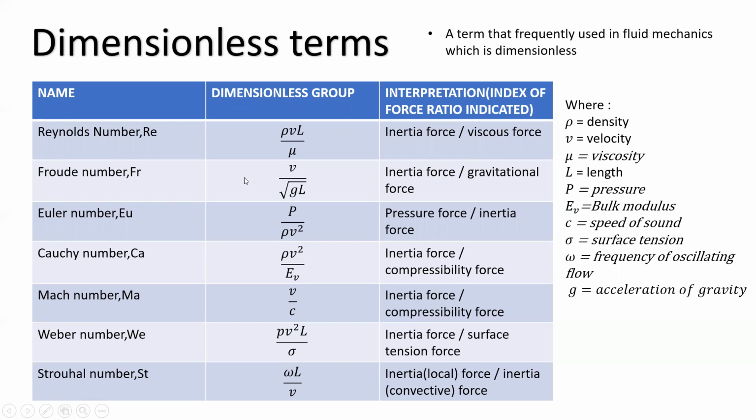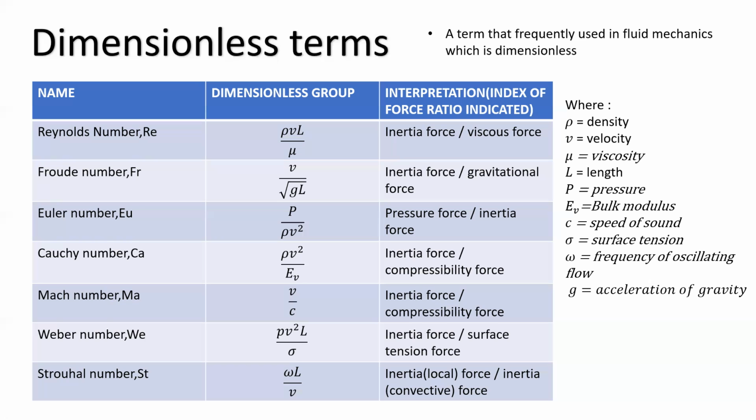Next is the Euler number. The dimensionless group for this Euler number is p, which is pressure, over density times velocity squared.